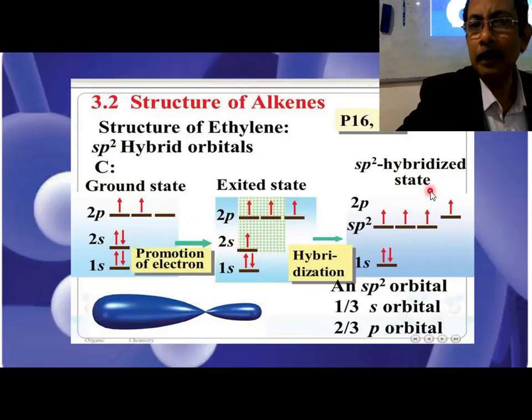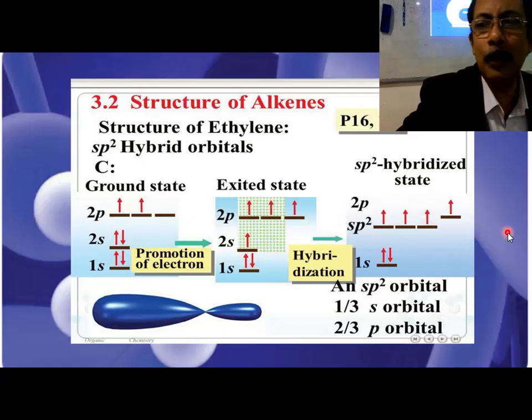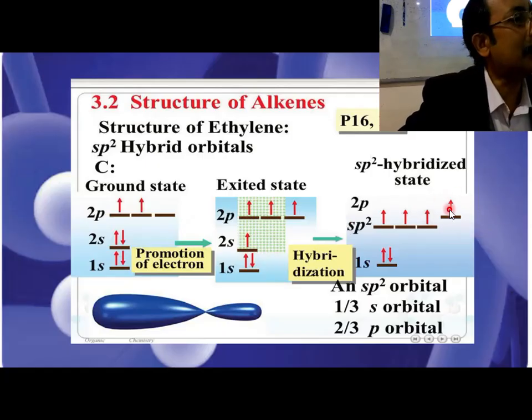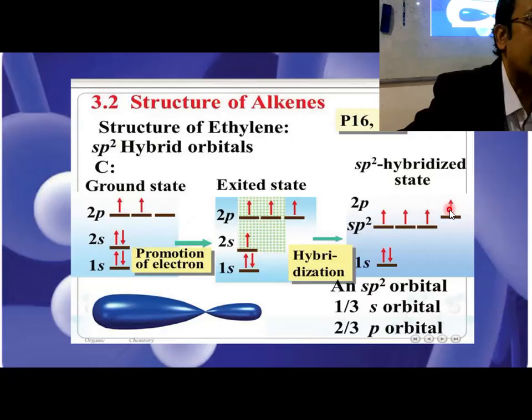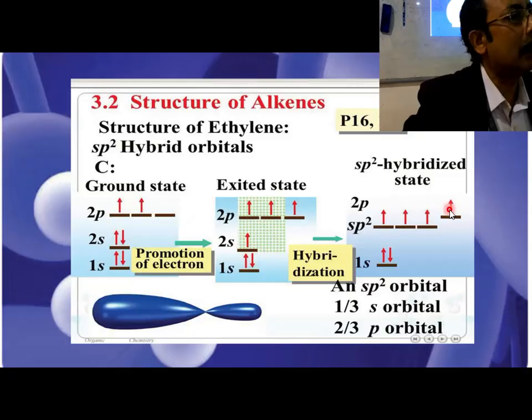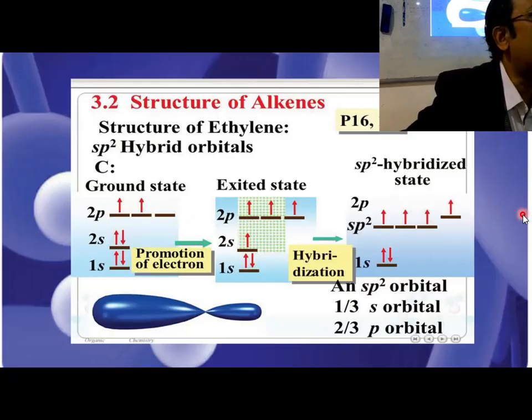But in the sp2 hybridized state, there will be three sp2 hybrid orbitals and one pure p orbital. That is happening in carbocation. sp3 always will have 4 sp3 hybrid orbitals, and sp2 has 3 sp2 hybrid orbitals and 1 pure p orbital.